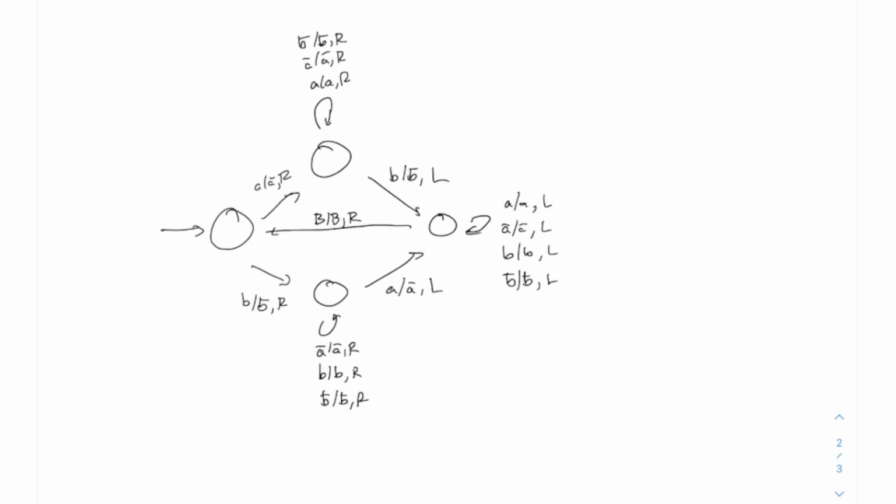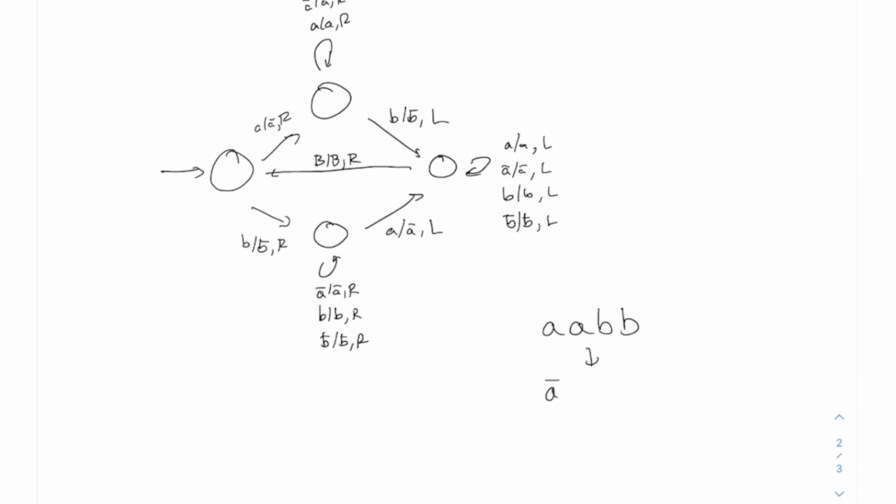Yes? Why do you want to go back until you hit a blank rather than a mark? I think it's possible you have to go even further to the left past a previously marked letter. For example, if the string was this, this is a little tricky, then the steps would be first that A gets marked, and then the first B will get marked.